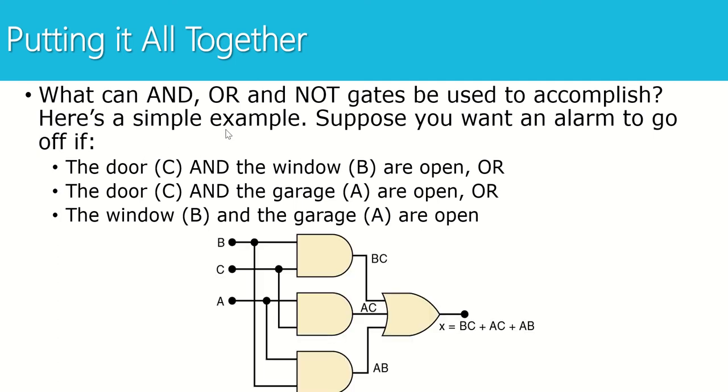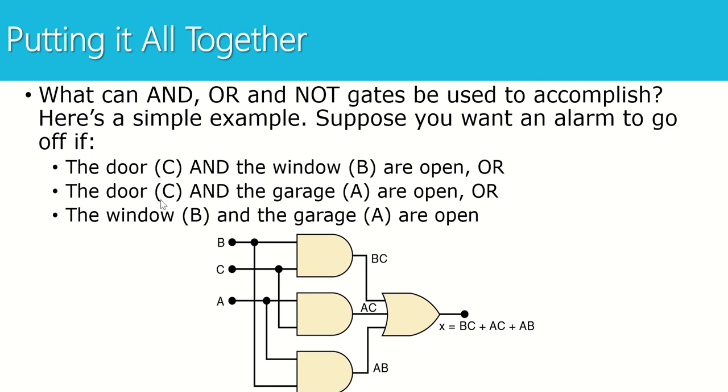Here's my circuit that would sound my alarm using some AND gates and some OR gates. If the door and the window are open, so let's say that I connect my sensor for the door and the window to an AND gate. If both of these are open, let's assume that open means I'd have a 1 and a 1. If both the door and the window are open, I'd get a 1 coming out of this AND gate.